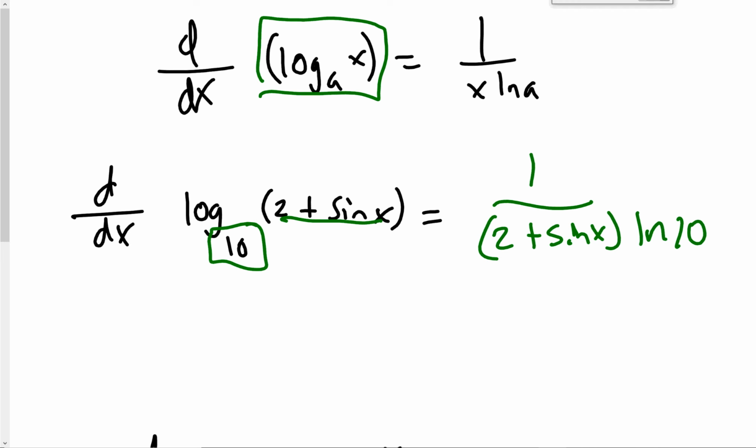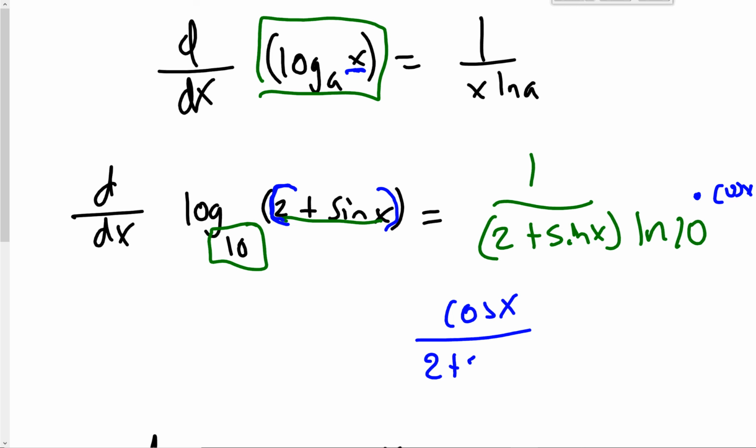And then, because this is not just plain x, that means I have to do chain rule, so I have to take the derivative of this. So I'm just going to times this by the derivative of the inside, which is just cosine x. So cosine x over 2 plus sine x times ln of 10.